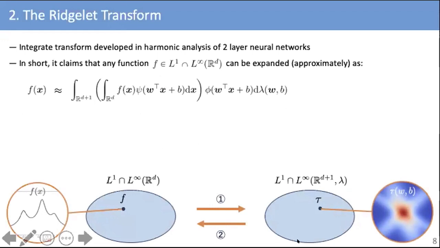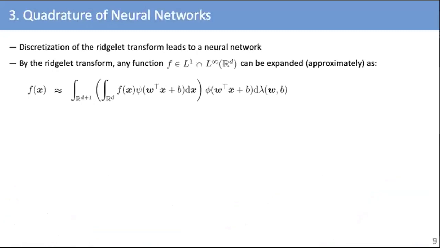Okay, so next I will directly explain how this Ridgelet transform enables us to construct neural networks through quadrature methods. As we have seen so far, any function f is expanded as this Ridgelet transform equation. And in order to obtain a neural network from this equation, we consider discretization of these two integrals, the first one and the second one.